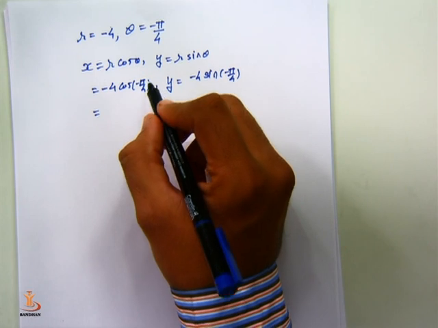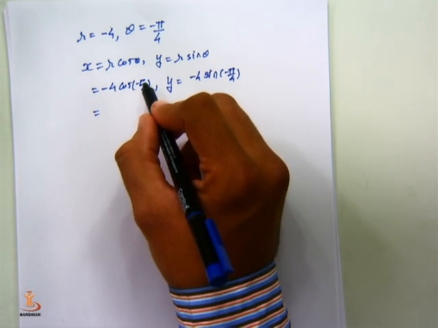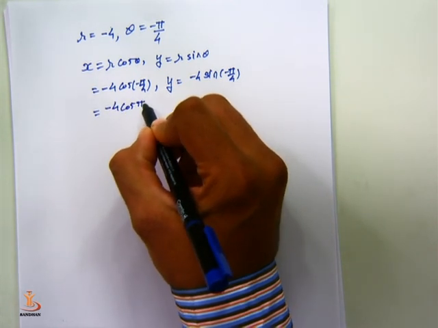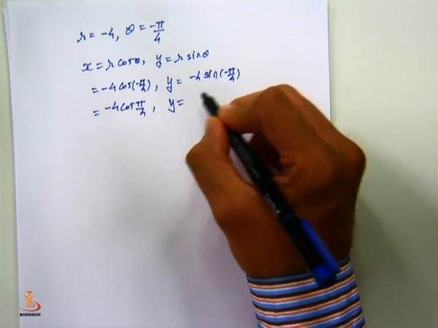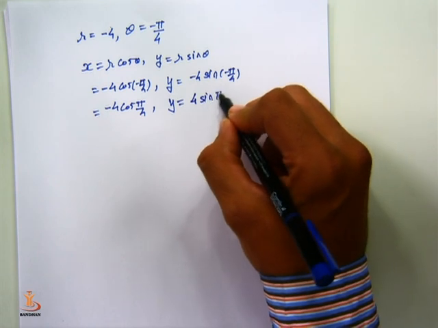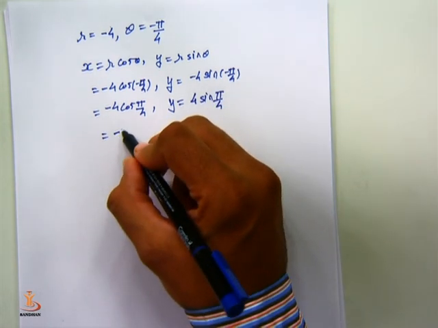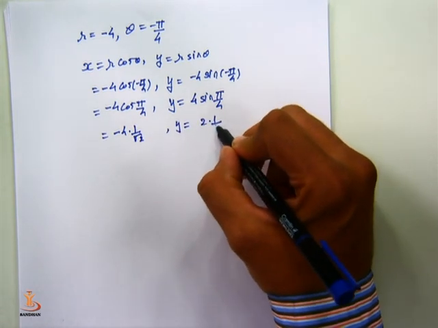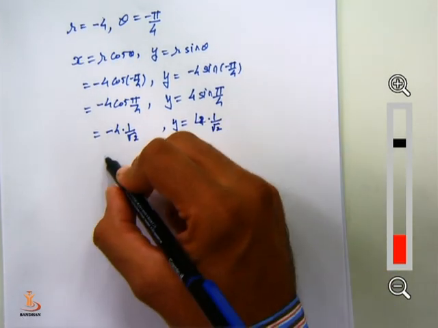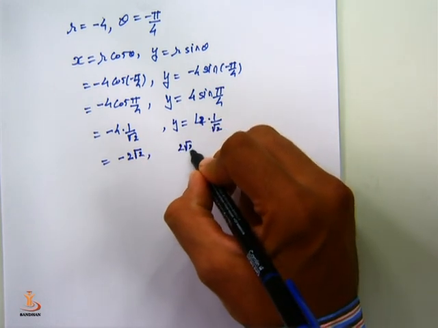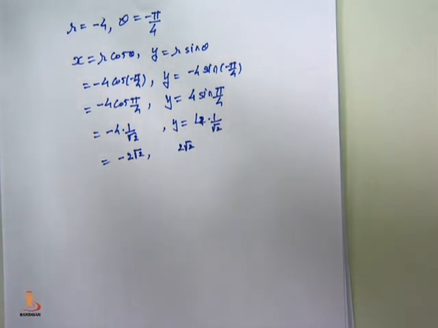As cosine is an even function, cos of minus pi by 4 will be considered as plus cos pi by 4, and as sine is an odd function, that minus sign will be taken outside, so this becomes 4 sine pi by 4. So your answers will be x equals minus 4 into 1 upon root 2, and y equals 4 into 1 upon root 2. So your answer will be nothing but minus 2 root 2 and plus 2 root 2. In that way, these polar coordinates are converted to Cartesian form.